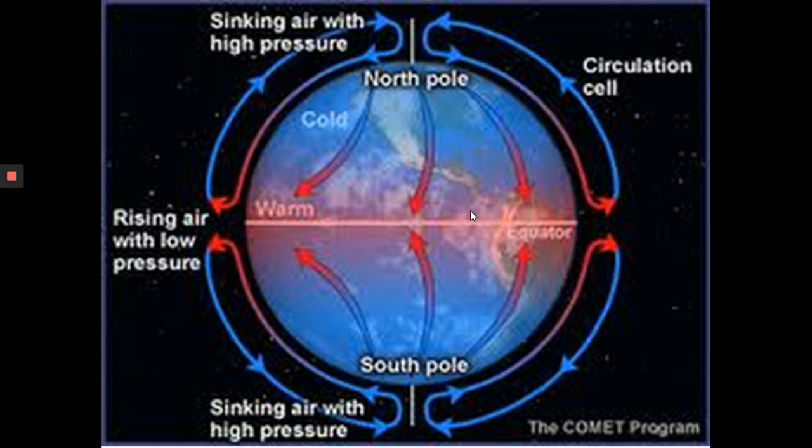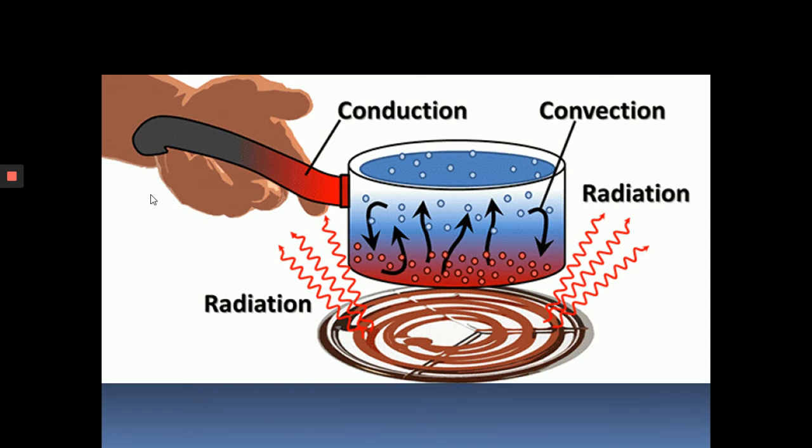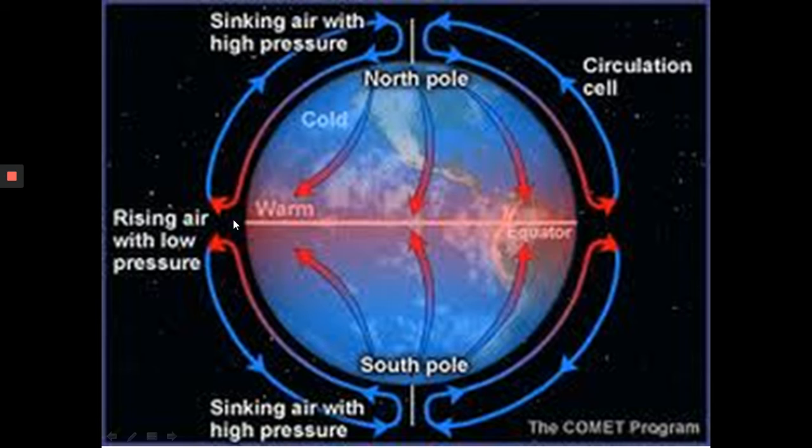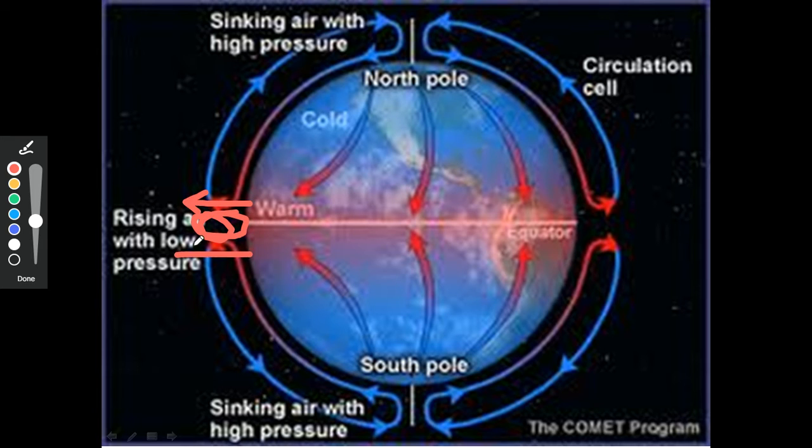So when the equator gets heated up, the air is going to be warmer than in other places, so the air is going to rise. As you can see on this section of the picture, air is going to rise compared to the other sections. Same thing over here.